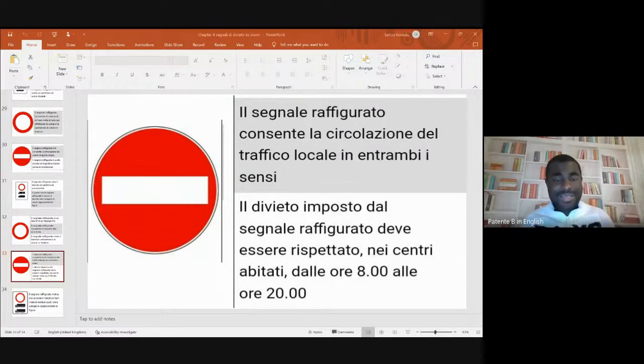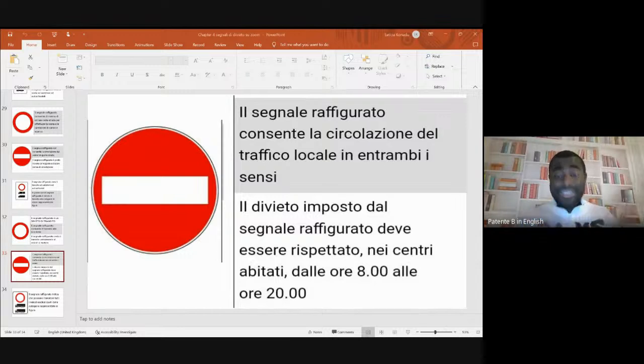And the second one says that il divieto imposto dal segnale raffigurato deve essere rispettato nei centri abitati dalle ore 8 del mattino alle ore 8 alla sera. And the answer is false, because we don't see any pannello integrativo giving further notification.